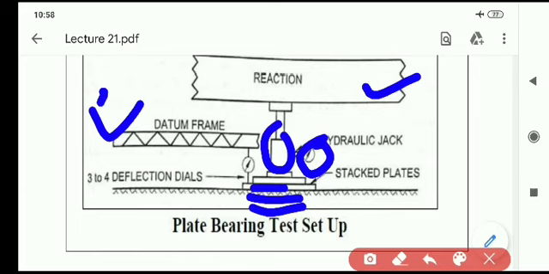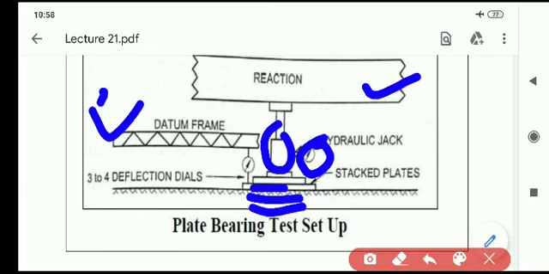Before applying the standard load, a seating load is applied. During the application of the load, the plates settle into the subgrade soil. When the load is applied, settlement takes place, and this settlement is noted through the dial gauge on the datum frame.